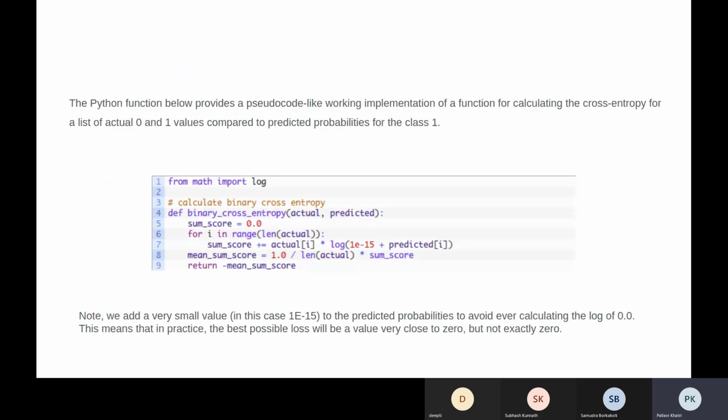Here the difference is that we are using a logarithm, and we are adding a small value, e to the power minus 50, to the predicted value so that it shouldn't be equal to 0.